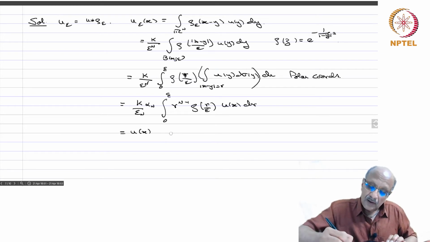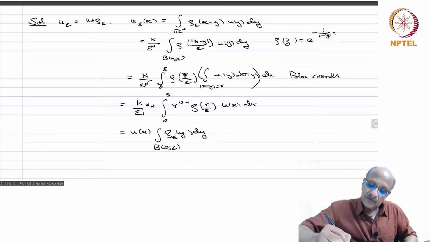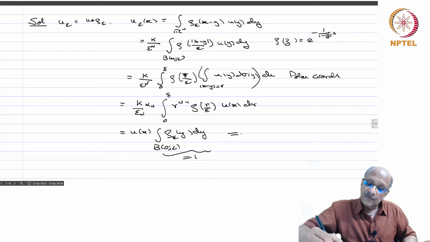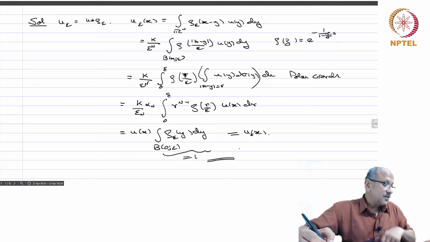In fact, k by epsilon power n times rho of r by epsilon is just rho epsilon. You are multiplying a radial function by r power n minus 1 dr, 0 to epsilon. So that is precisely the integral over B 0 epsilon of rho epsilon of y dy, and this we know is equal to 1, and therefore this is equal to u of x.